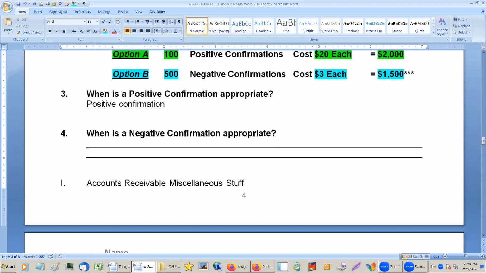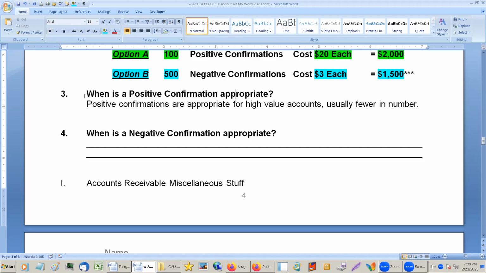Positive confirmations are for high value accounts, usually fewer in number.